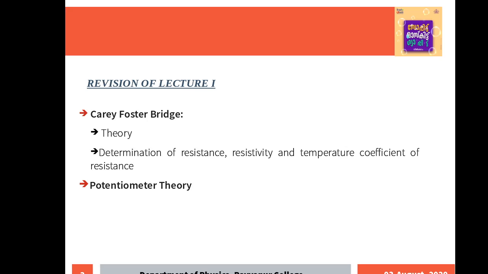And we learned that measurements are done by comparing the given quantity with its standard value. And for that, we use an instrument. That instrument is known as our measuring instrument.